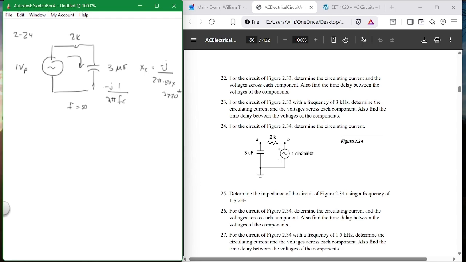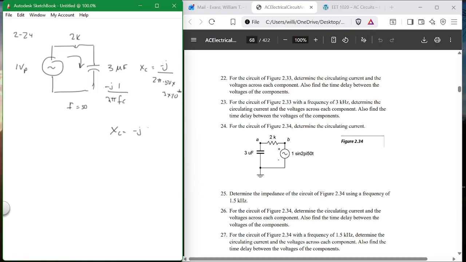I tell you, this is a terrible day. 1 divided by parenthesis 2 times pi times 50 times 3 parenthesis again. Okay, so it's 10,471, right?